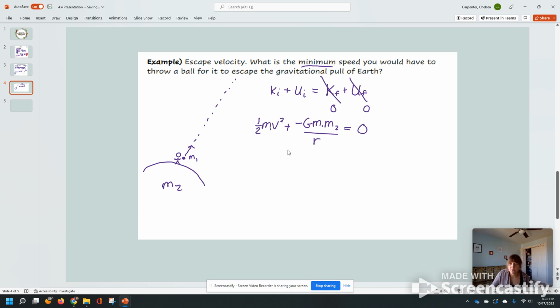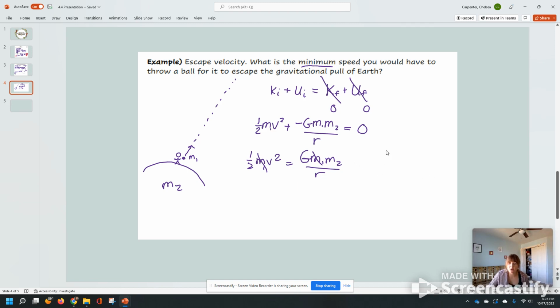Let's set those two equal. So 1/2 mv squared equals positive, because we just added it over, G m1 m2 over r. Mass of the ball doesn't matter, so this could be for a ball, or how fast would a rocket have to blast off to escape the pull of Earth. And we're solving for v.